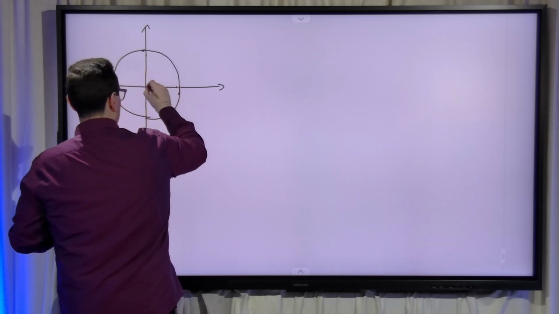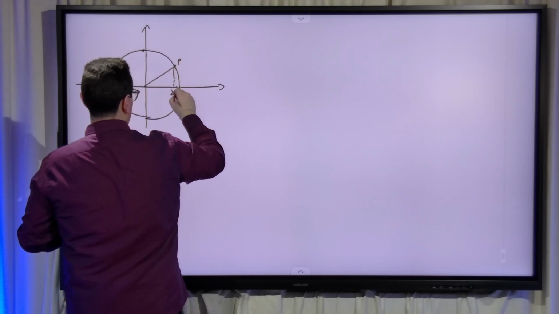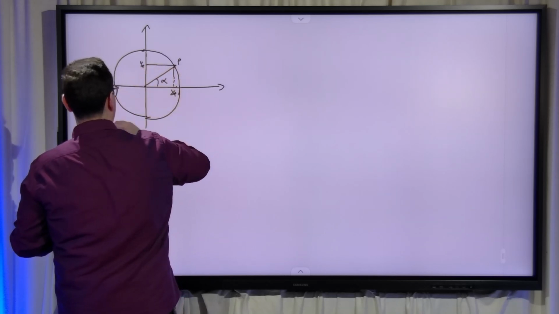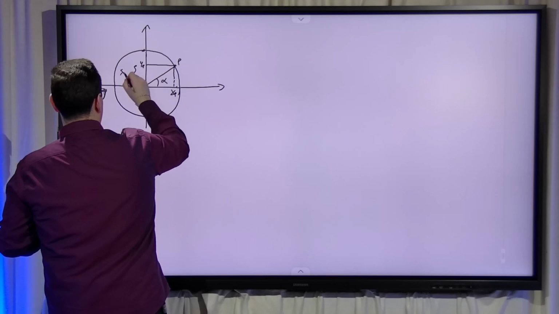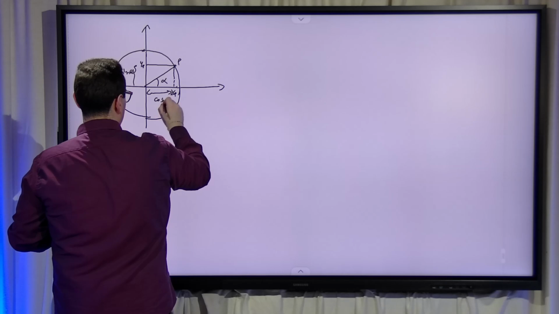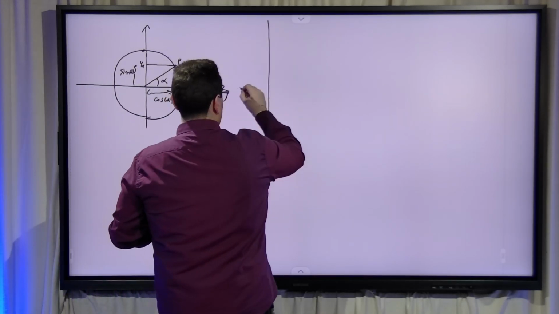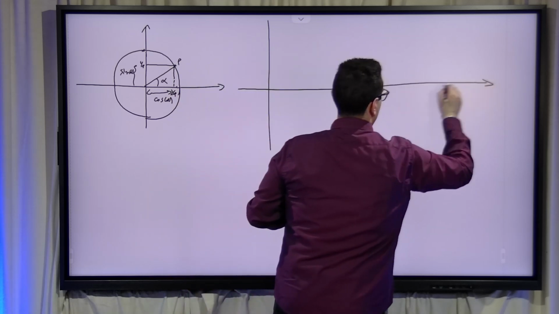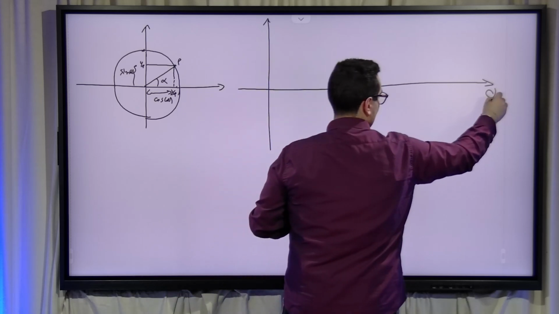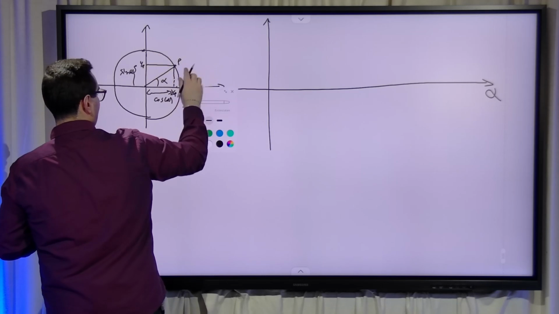Okay, so I consider this point P here, and this is alpha again. So this is the sine of alpha, and this is the cosine of alpha. I want to draw the graph of the sine considering alpha increasing in this way.